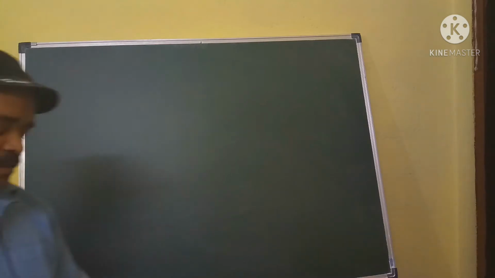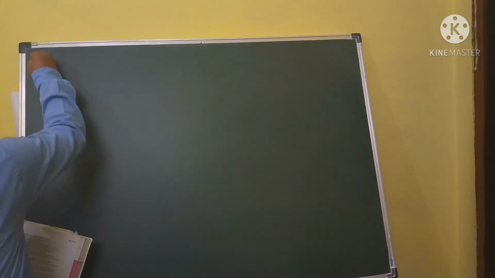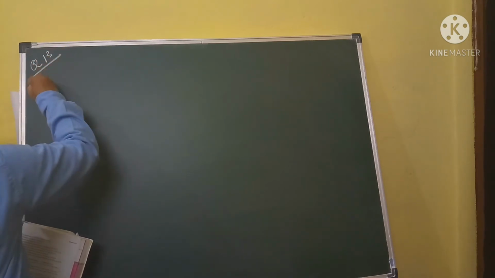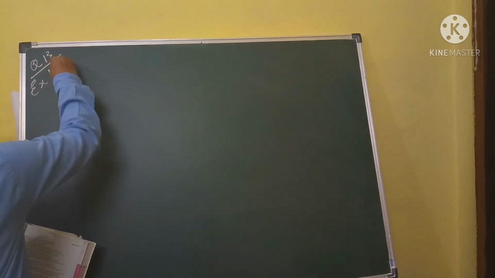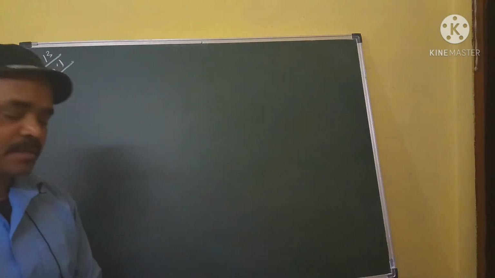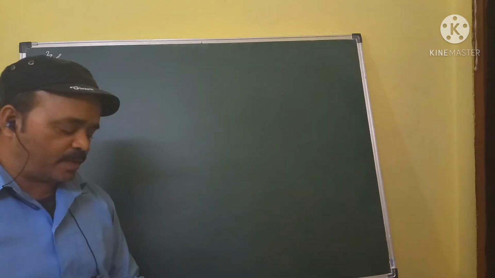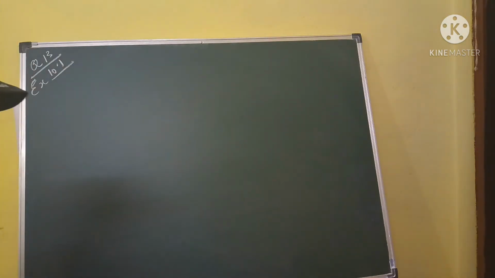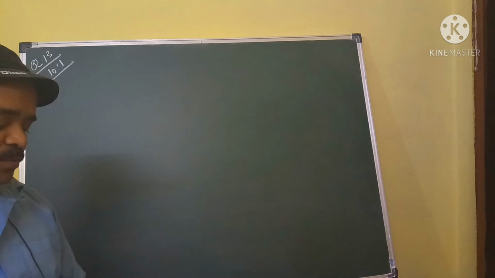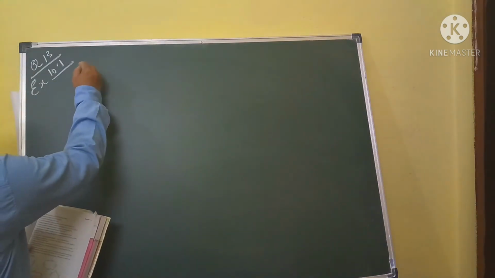Then we will discuss question number 13 from exercise 10.1. Okay, my dear student, in this question: find the cost of fencing a square park of side 250 meter at the rate of rupees 20 per meter. Now look here.